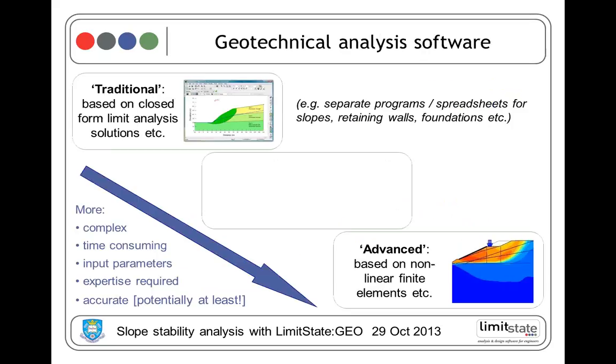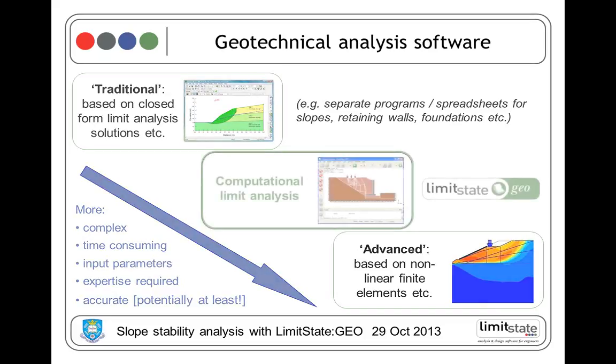If we look at the type of software that's available for slope analysis, at the top left we have what we might call the traditional approaches, which automate, for example, the method of slices. But if we want to solve more complicated geometries or more complicated soil behavior, then we need to move to finite element methods, which typically require a lot more expertise to use. Sitting in the middle, we think, is where LimitState GEO sits.